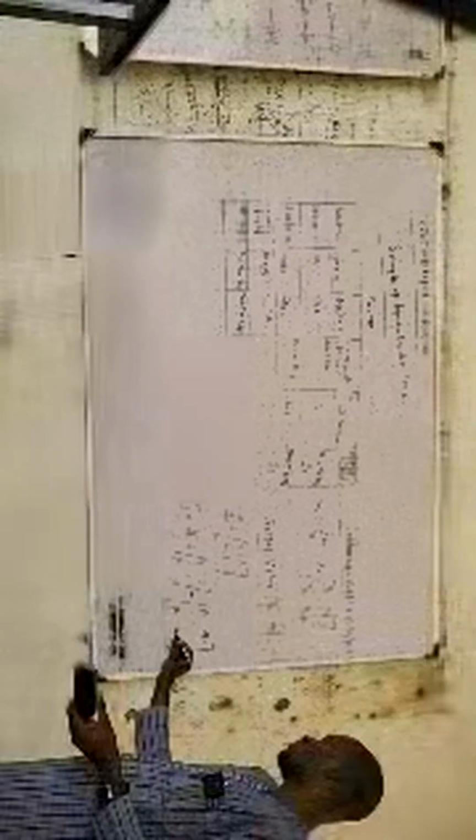That is 1, 0, 0, 1, standing for I. Then this minus this A, and we have A11, A12, then we have A21, A22.